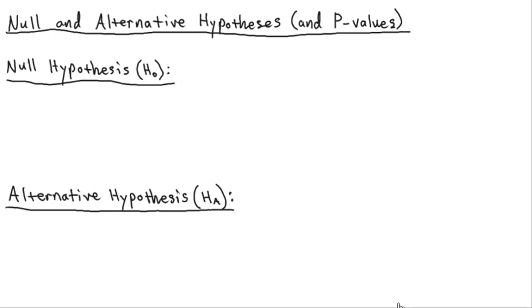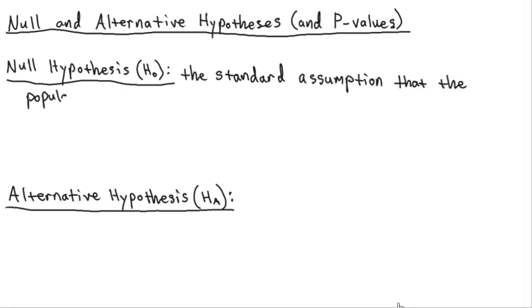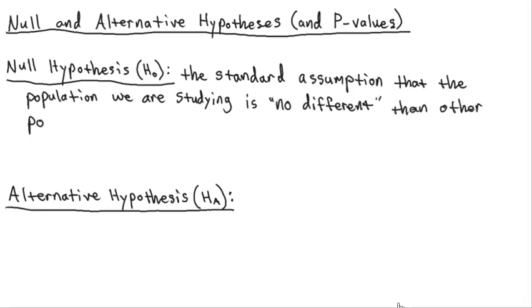Okay, so let me give you some definitions for these. A null hypothesis is the standard assumption that the population we're studying is no different than other populations in the absence of statistical support.